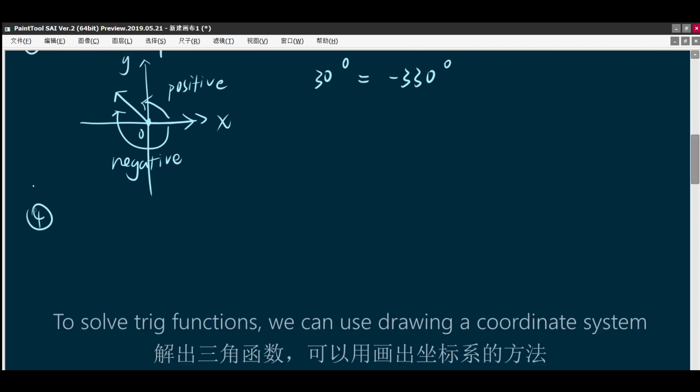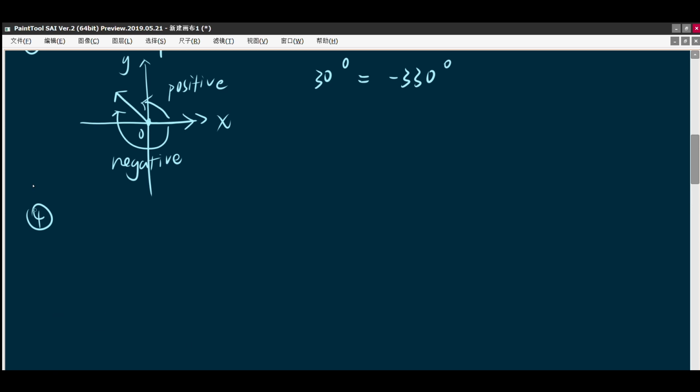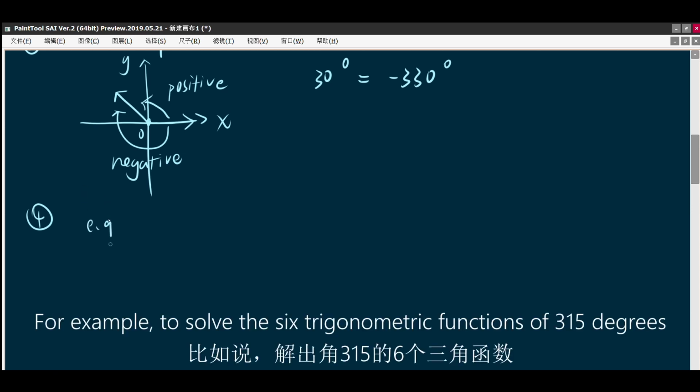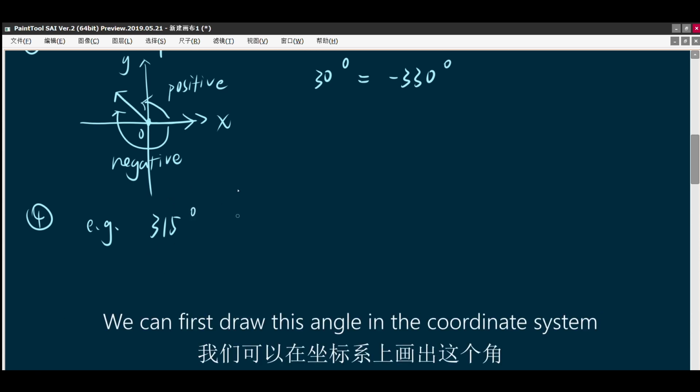Next, to solve trig functions, we can use drawing a coordinate system. For example, to solve the 6 trigonometric functions of 315 degrees, we can first draw this angle in the coordinate system.